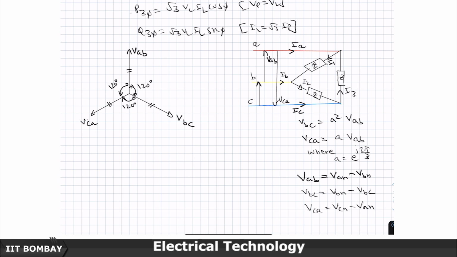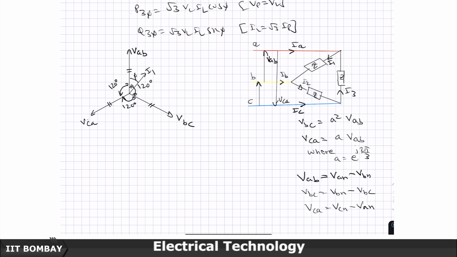So, now where does this impedance Z come along? It comes along the phase AB. So, let us say that it draws a current I1 which lags by an angle phi with respect to VAB.